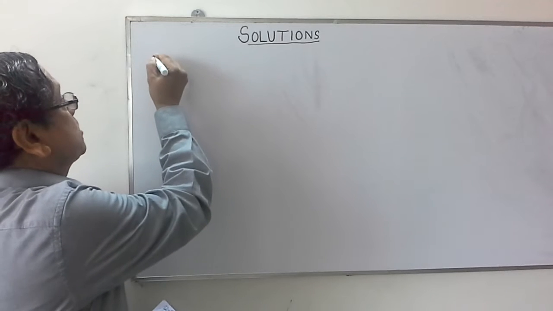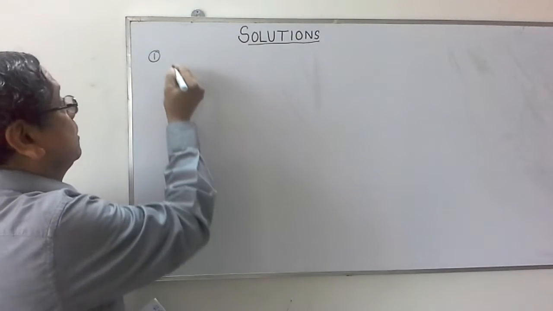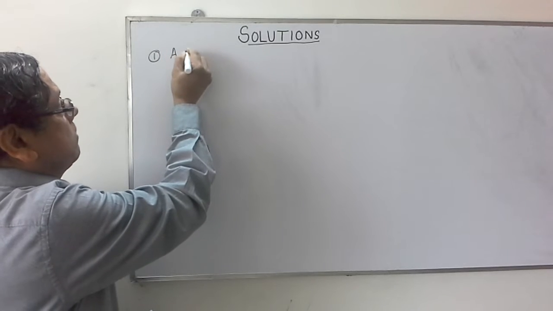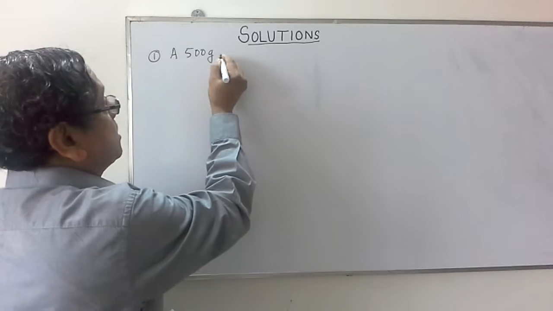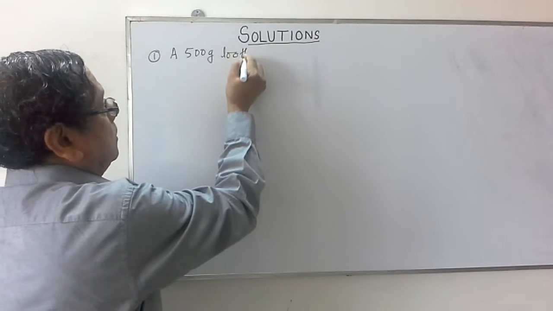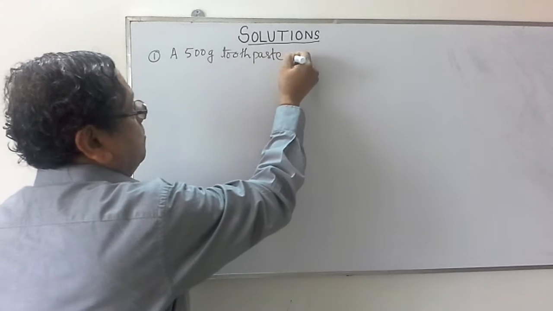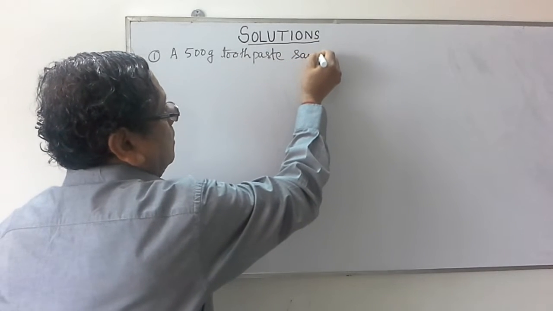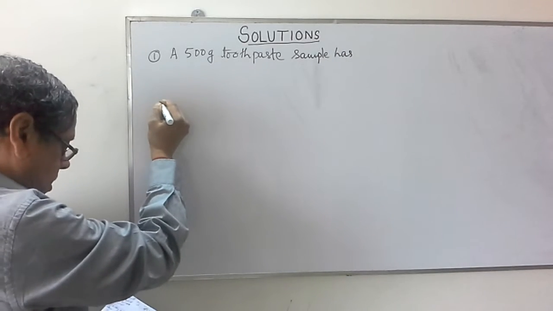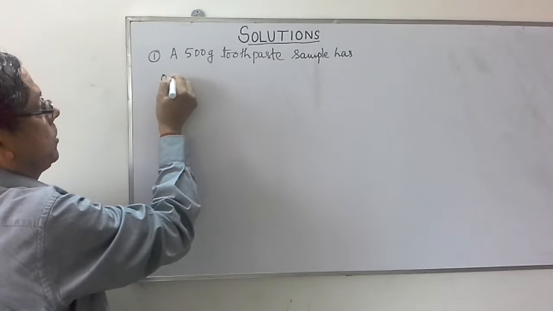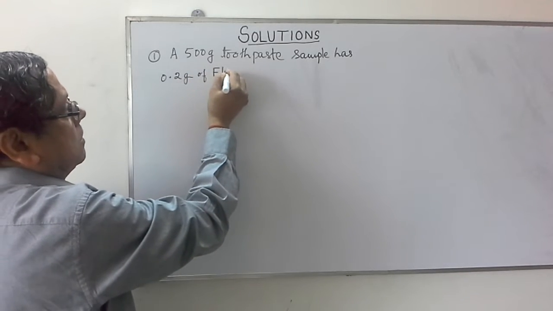The first problem for today's class is: a 500 gram toothpaste sample has 0.2 gram of fluoride.